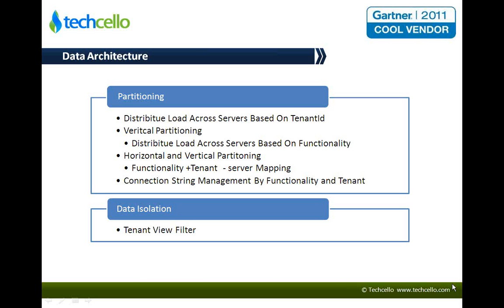Coming back to the data isolation. What's important in a multi-tenant scenario is the framework being able to control the isolation between tenants, right? So you're going to solely depend on the developers to write the queries, and imagine in one case if they have just missed out a condition where tenant ID equals so and so. It's not a good scenario. All the tenants' data is going to be shared.